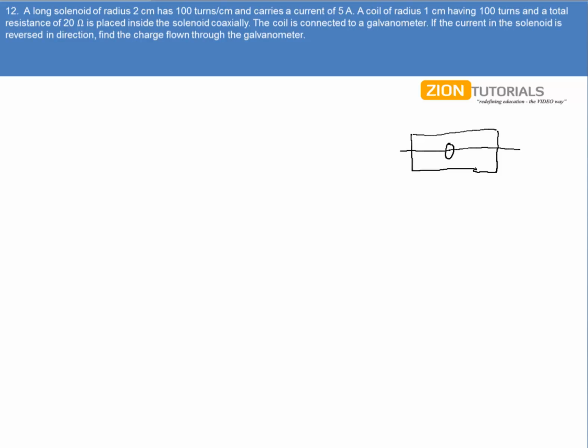So we'll calculate the magnetic field at the center of the solenoid, that is B, given by mu naught N into I. Substituting all the values, N is given as 100 turns per centimeter and current is 5 ampere.